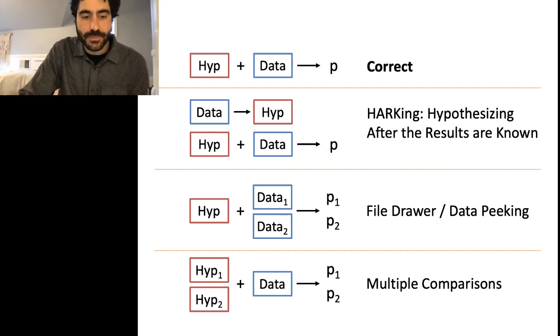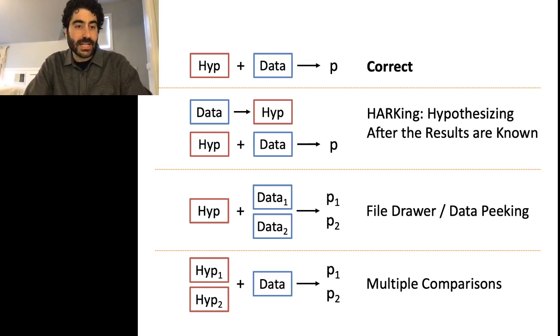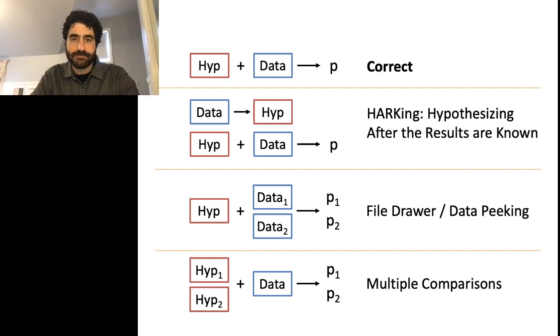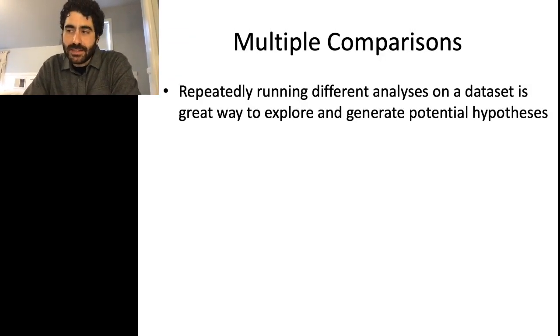Okay, so we're going to spend a lot of the class focusing on this multiple comparisons issue, where we're testing lots of hypotheses on the same data set. Testing lots of different kinds of hypotheses is obviously not a bad thing to do science-wise. That's the way that we build new knowledge in science.